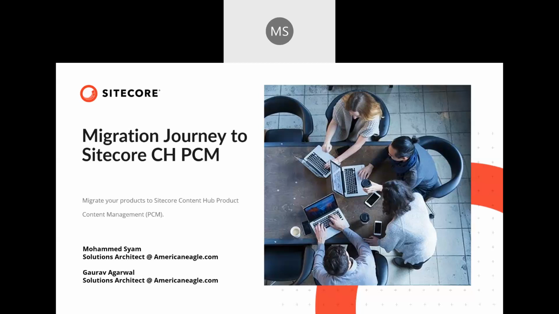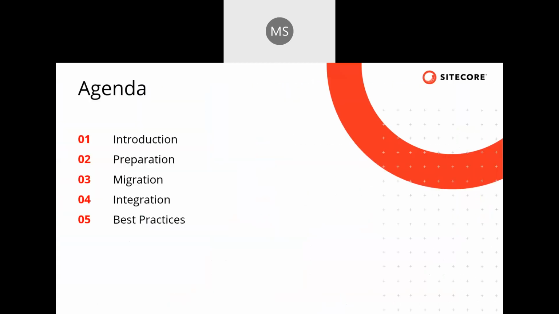So for the next 30 minutes or so, we will be talking about Content Hub PCM. We will give an overview about the module, and we will also be talking about the migration journey: how you can migrate your product data into PCM, the details around the migration process, the product's metadata, and images or assets, how you can import these into Content Hub, how you can link your assets with your products, and how the internal integration can be utilized to integrate with other systems as well.